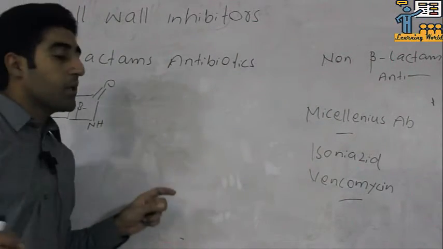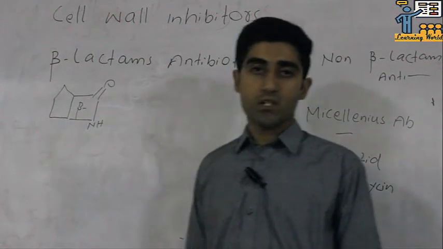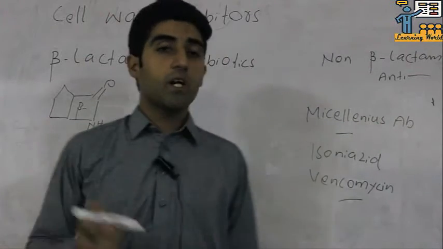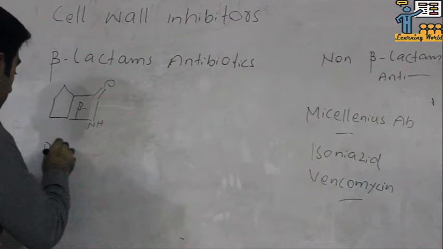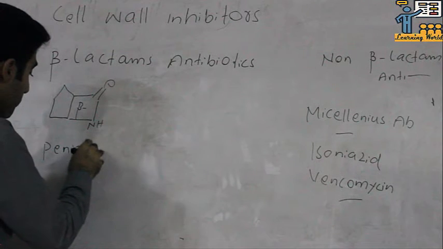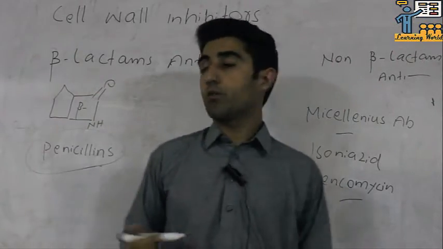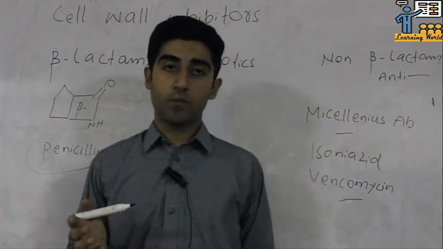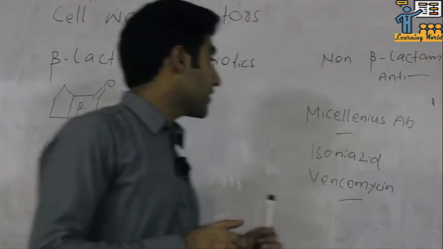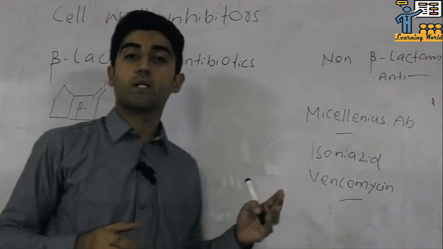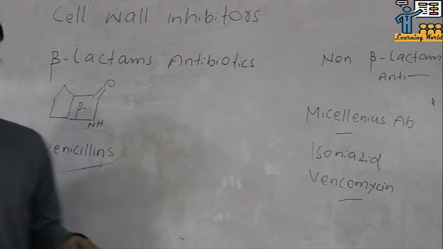The beta-lactam antibiotics are the most important antibiotics in which the beta-lactam ring is present in their structure. The beta-lactam antibiotics such as penicillin. So here first of all we will discuss penicillin, what is the mechanism of action of penicillin against the cell wall of the bacteria.